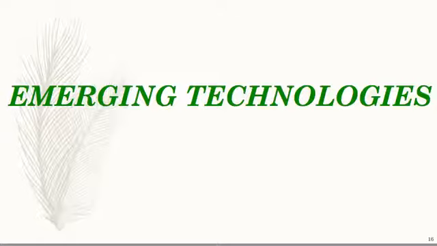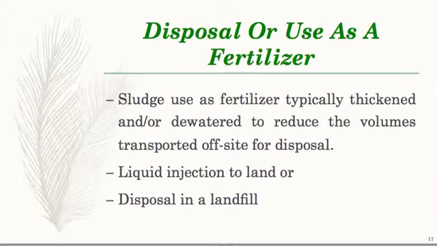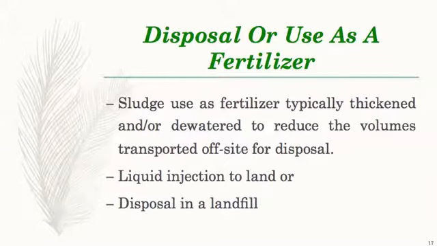Among the most common emerging technologies is the disposal of the sludge, and after the disposal, once it is clear of all types of toxic heavy metals and pollutants, it can be used to fertilize the soil completely after 3 to 4 rotation cycles of the crop.